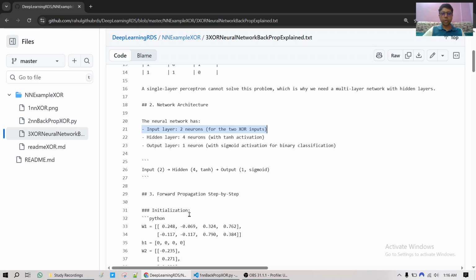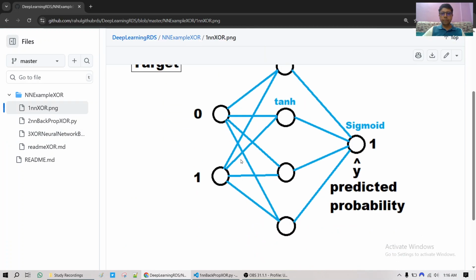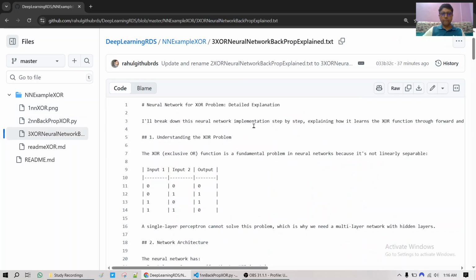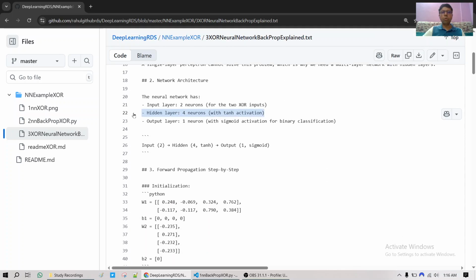So we have two neurons here as input, and we have four neurons in the hidden layer. You can take more neurons, but more neurons will lead to overfitting of the output and of the learning, and fewer neurons will give you underfitting of the learning.